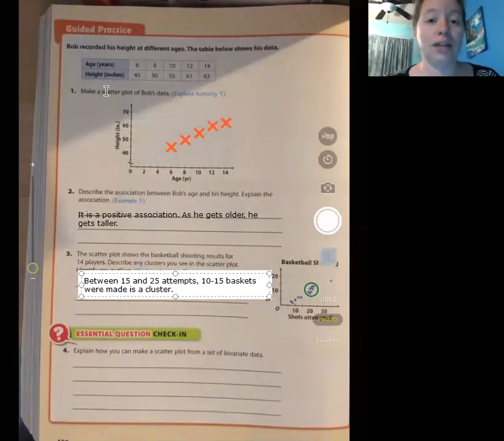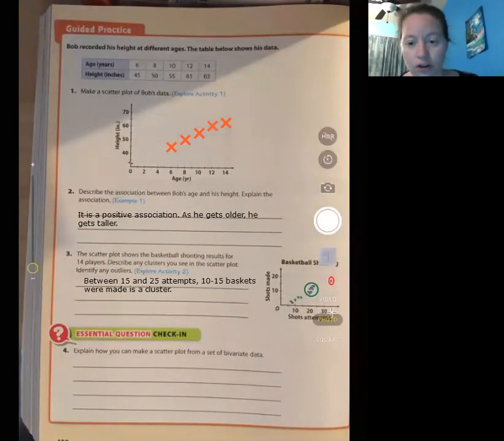And then our outlier, because we do have an outlier, is right over here. He did 35 attempts and made like 5, 10, 15, 20, made like 18 of them.